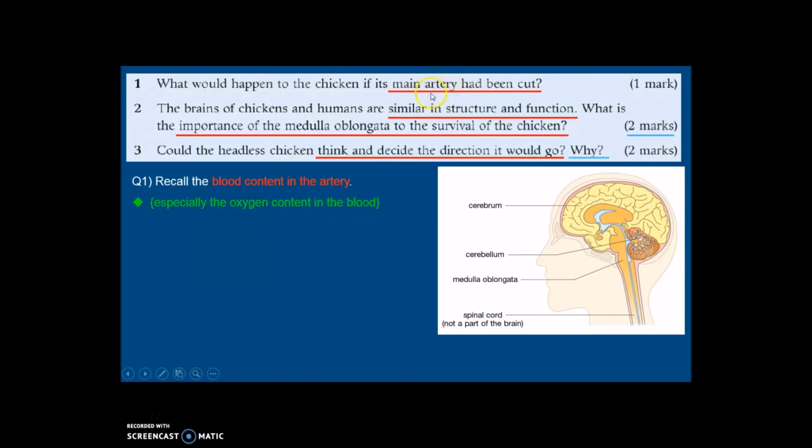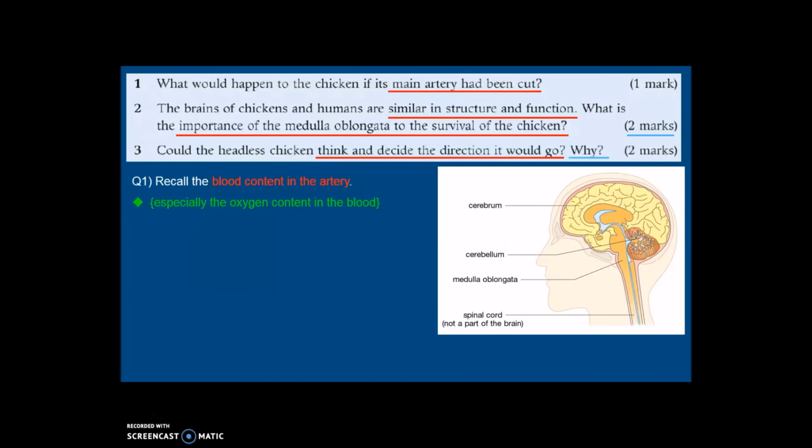So you should know the reason if the main artery had been cut. What will it affect in the oxygen content in blood, and also the oxygen supply to the very important organs?